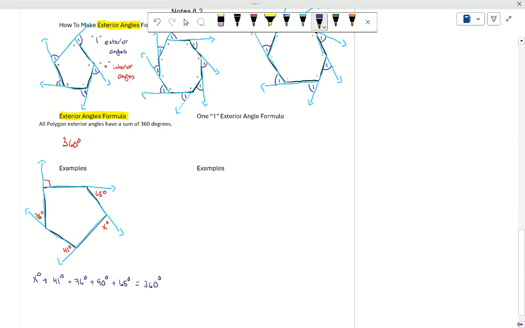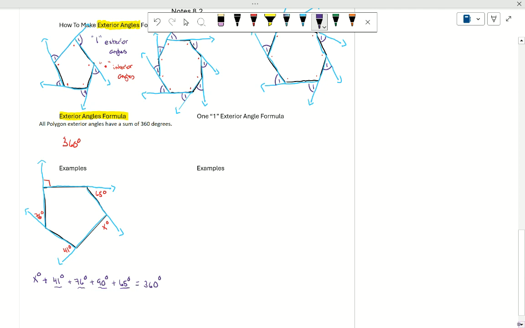Why 360? Because that's the formula. All the exterior angles are going to have a sum of 360 degrees. I use this equation by combining these four like terms together, 41, 76, 90, and 65.